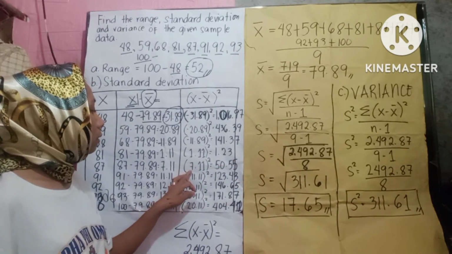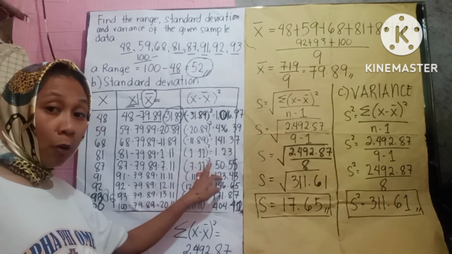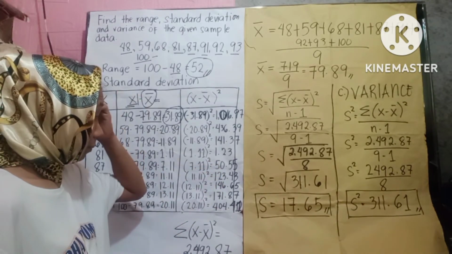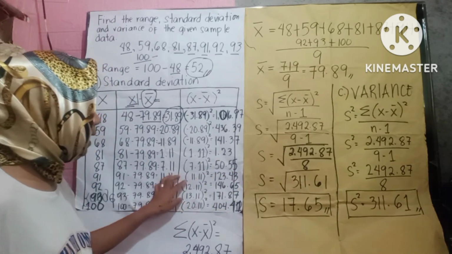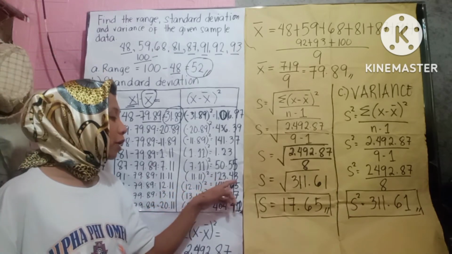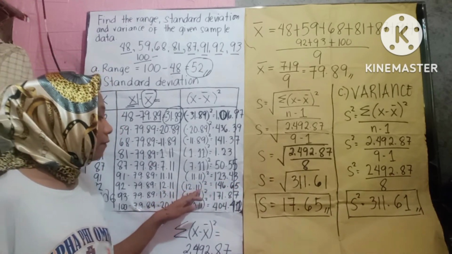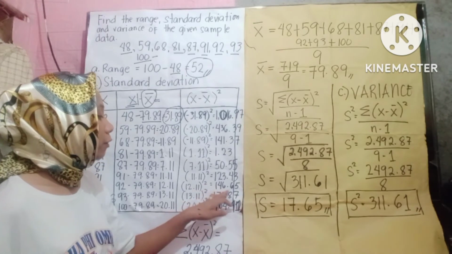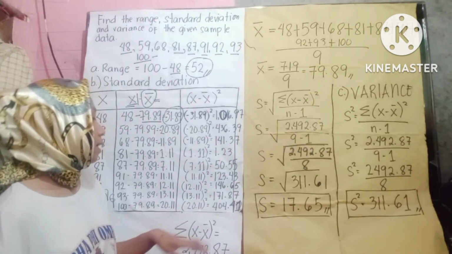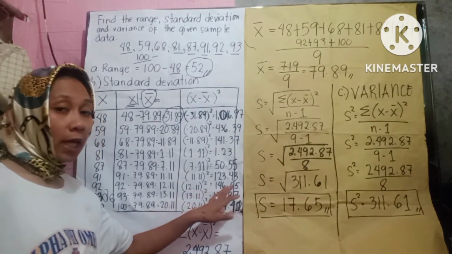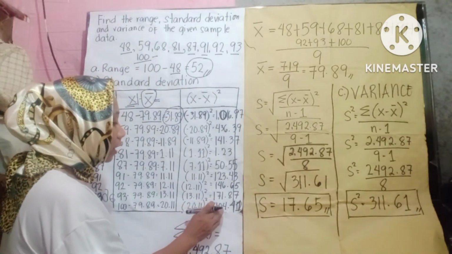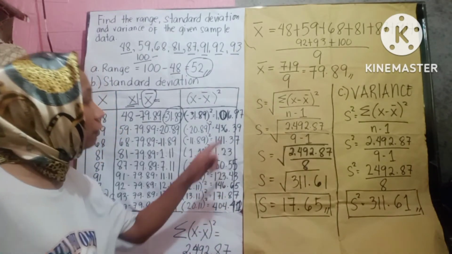Next is 7.11 raised to the power of 2 is equals to 50.55. The next is 11.11 squared is equals to 123.43. The next is 12.11 squared is equals to 146.65. The next is 13.11 squared is equals to 171.87. And the last one is 20.11 squared is equals to 404.41.